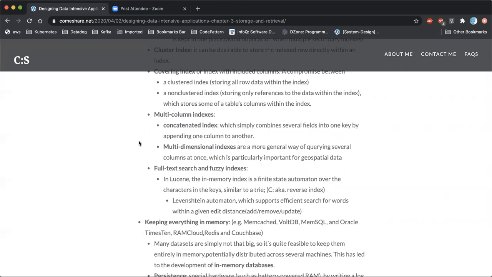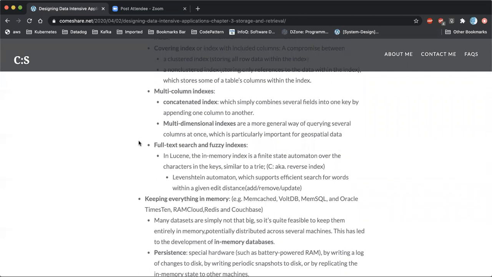He didn't talk in detail about it, but there is a way the ordering needs to be maintained, like how you select multiple columns. He also talked about multi-dimensional indexes.